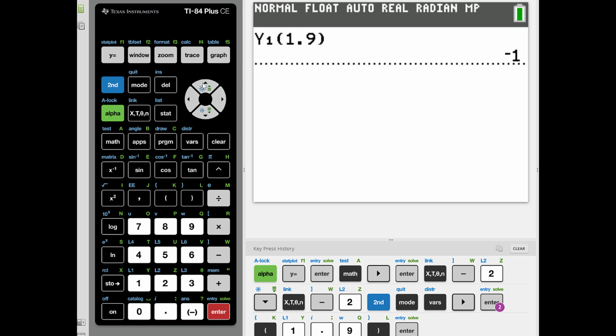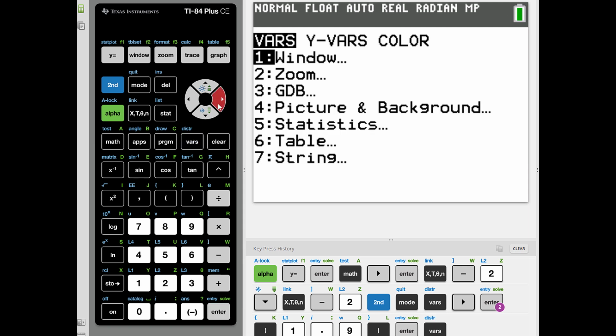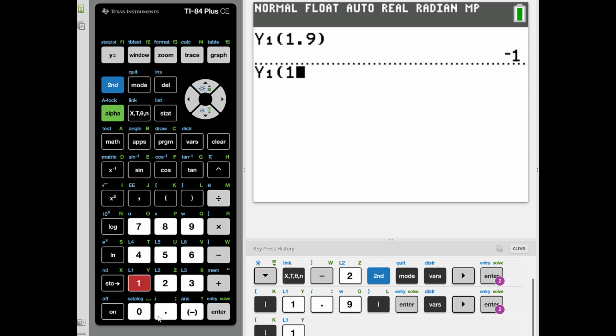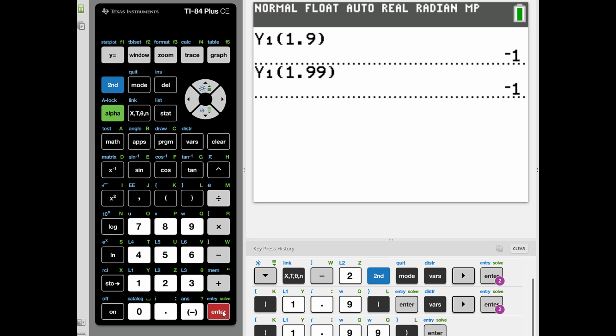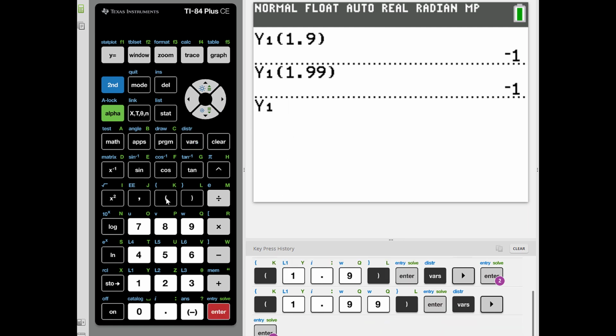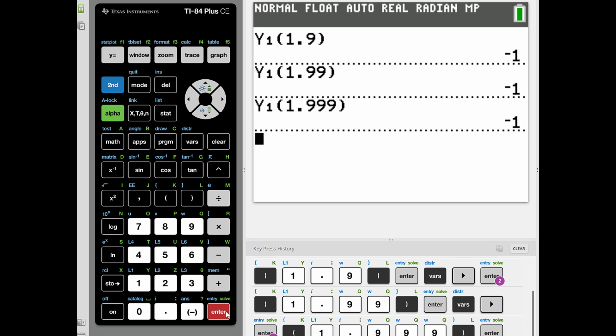VARS, right arrow key, enter, enter on 1 for y sub 1, open parentheses, input 1.99, close the parentheses, and enter, and we get -1. And then once again, VARS, y sub 1, open parentheses, 1.999, close the parentheses, enter, and we get -1.